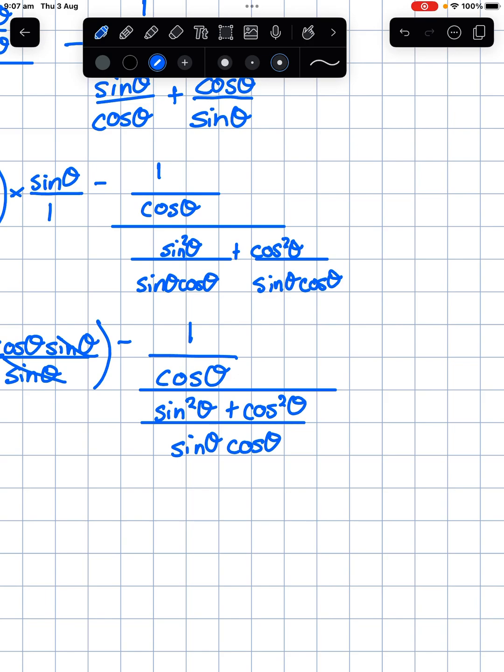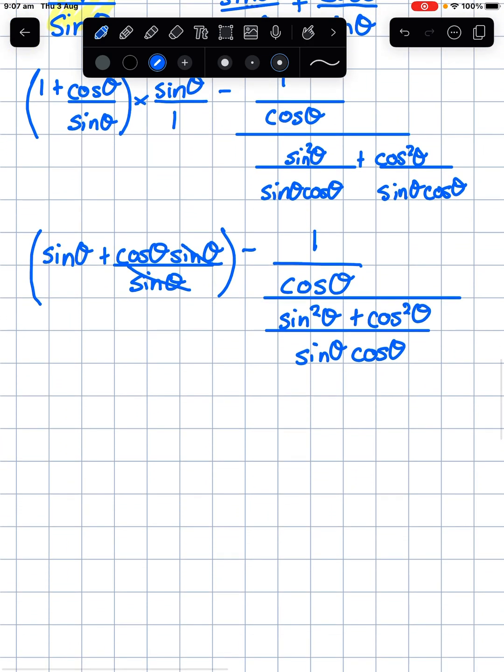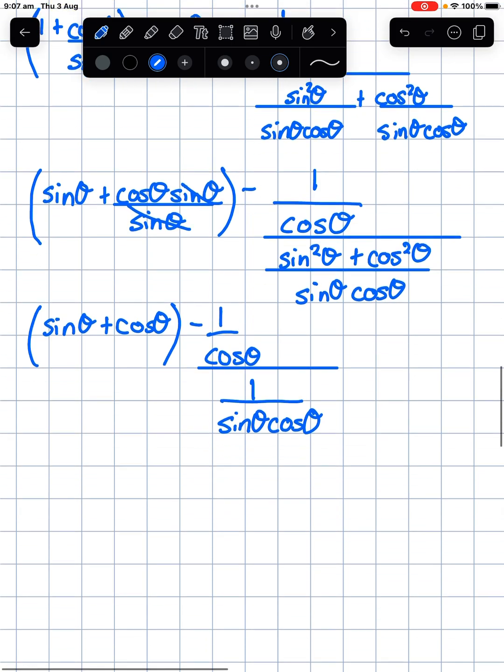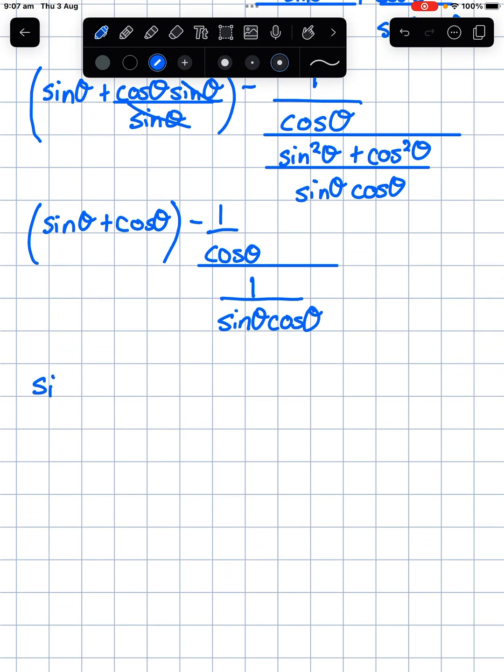Now, we know that sine squared theta plus cosine squared theta is going to equal 1. So we're going to have sine theta over here plus cosine theta minus 1 over cosine theta. I'll keep writing it as a fraction just because it'll make life a bit easier. Then we've got 1 over sine theta cosine theta. Okay, and then we're getting close now.